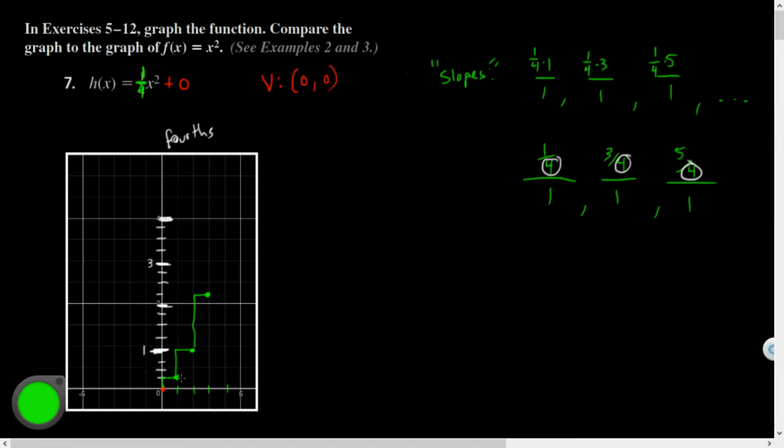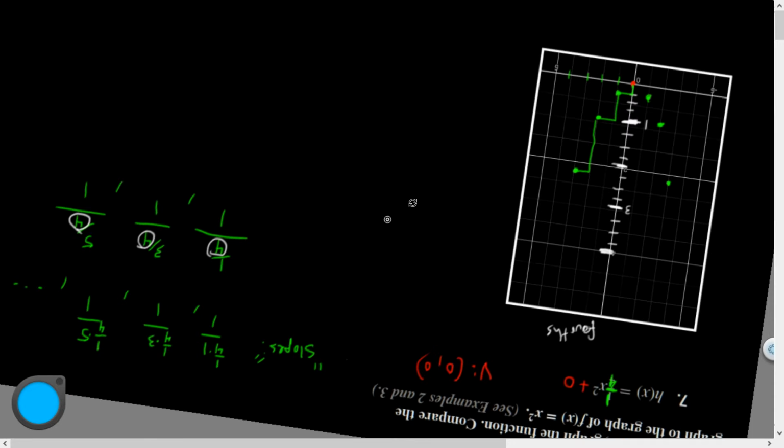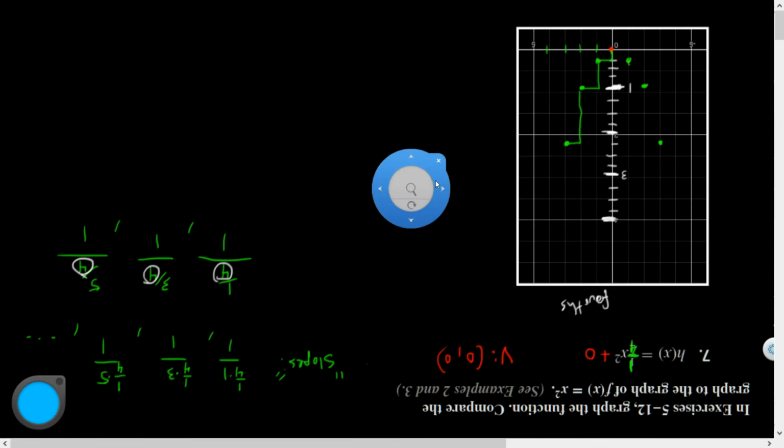I can now mirror these over: up a quarter, backwards 1, up 3/4, backwards 1, and up 5/4, backwards 1. Now I'm going to draw the best parabola that I can, and I find that I can draw downward-facing parabolas easier, so I'm going to rotate my paper. You just draw as best you can.